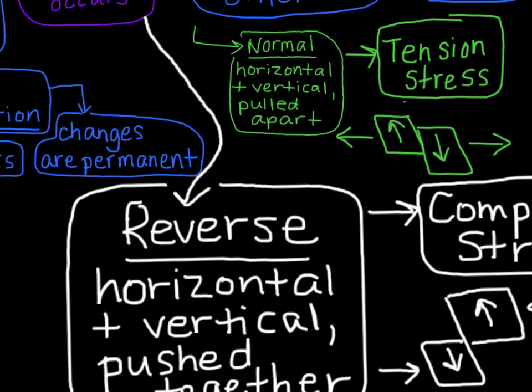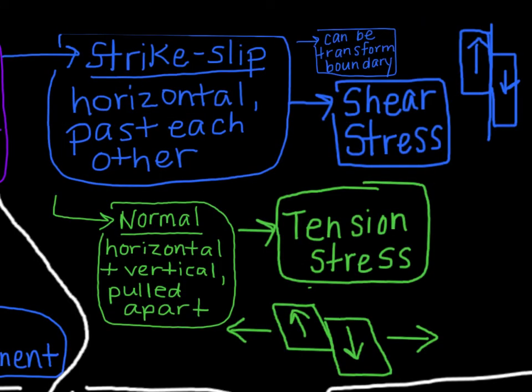So, let's recap. A strike-slip fault occurs when you have only horizontal movement and the pieces of rock are sliding past each other in opposite directions. This description should sound familiar because we also used it for transform boundaries.